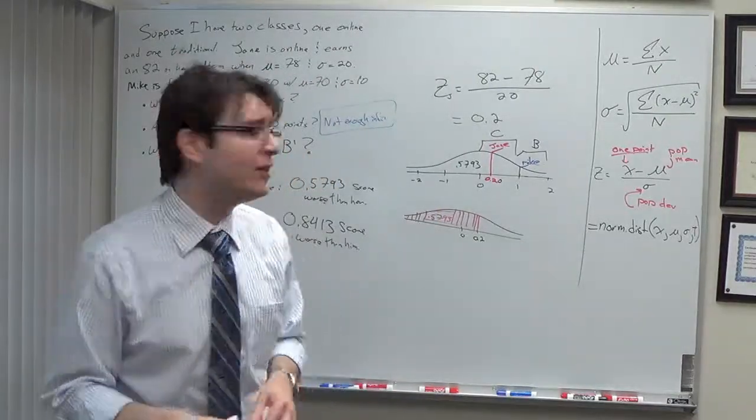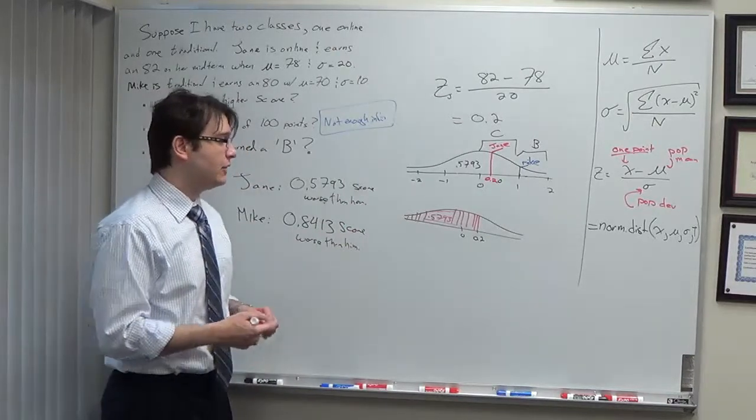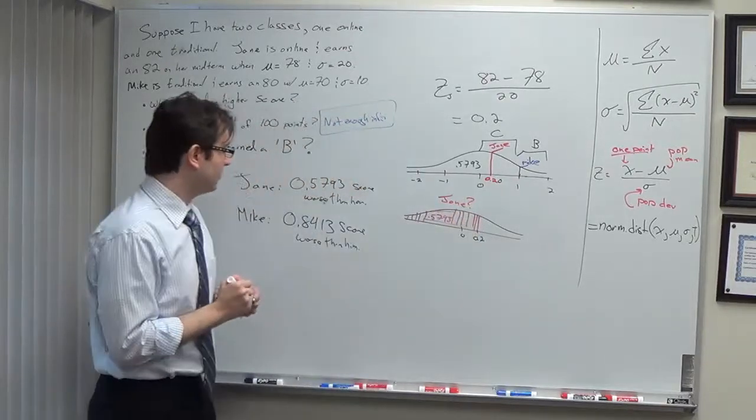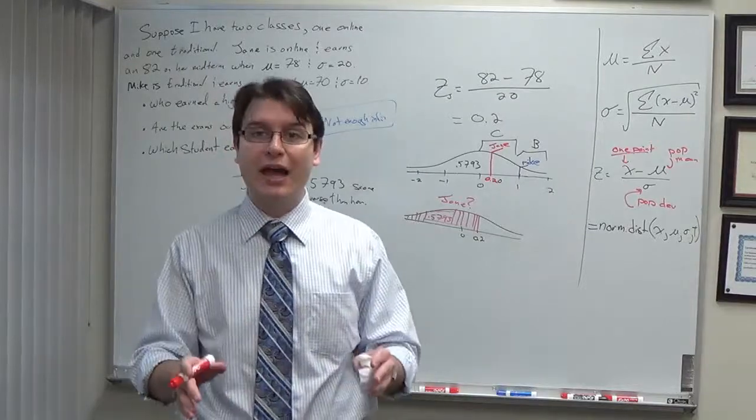Sometimes we're curious about the flip side. What if we wanted to know how many people scored higher than Jane? Well, we could find that because, remember, the total area under the curve has to be 1.